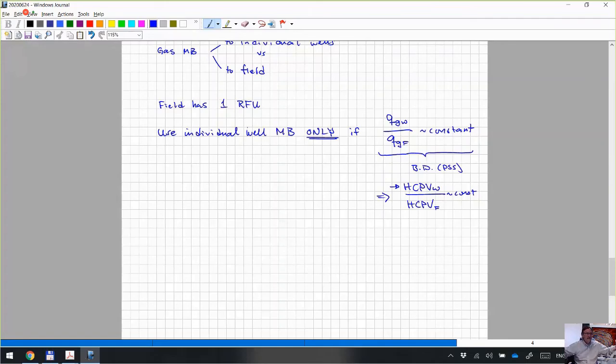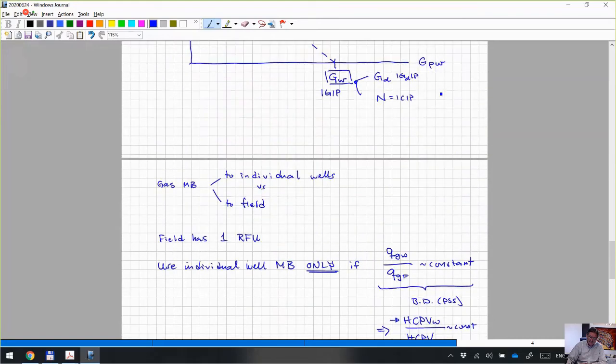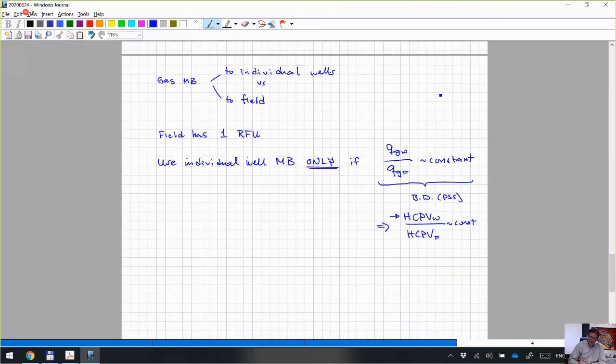But as long as nothing happens to the integrity of those wells, that it'll be 3% and 13% for the whole life, then you could have individual well material balances, and the G that you extrapolate to would be the well initial gas in place. But that's not very common. So you can only use it there.